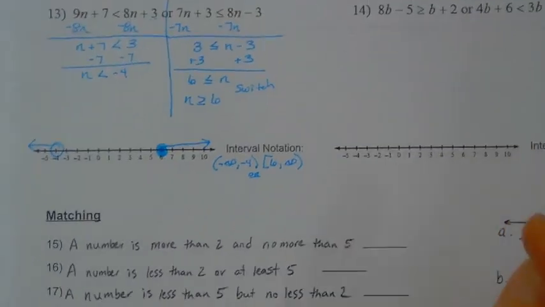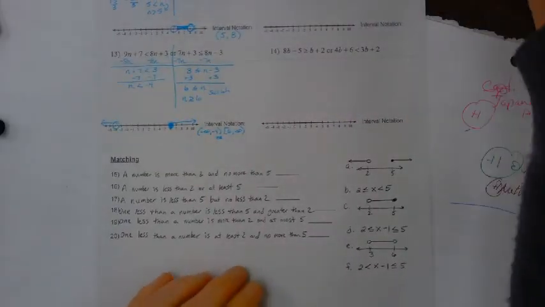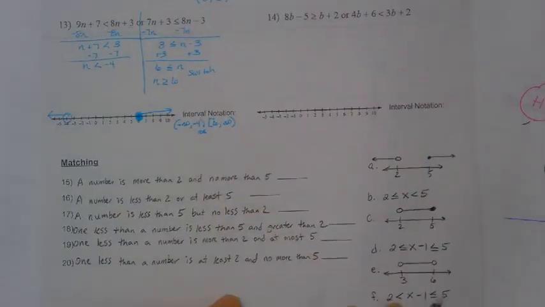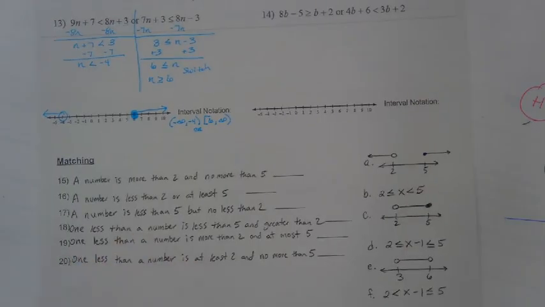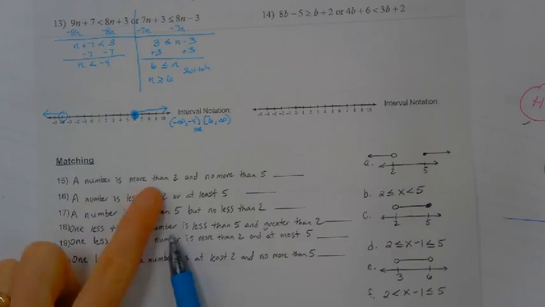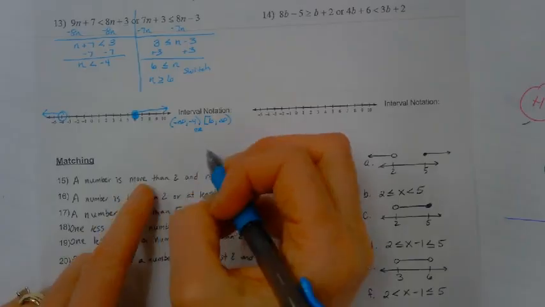Okay, now a number is more than 2 and no more than 5. These you have to match up to these right here. And this is a challenge, but it's also something I need you to know. So a number is more than 2, but no more than 5. So that looks like this. x is in the middle.